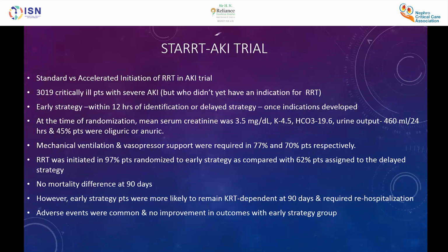They found that there was no mortality difference at the end of 90 days. However, early strategy patients were more likely to remain RRT dependent at 90 days and required rehospitalization. The adverse events were common, and there was no improvement in outcomes with the early strategy group.